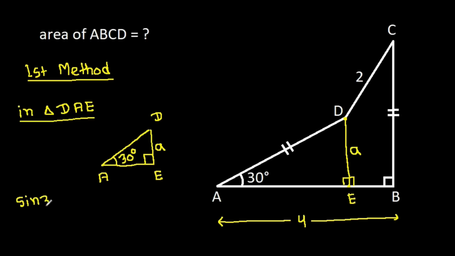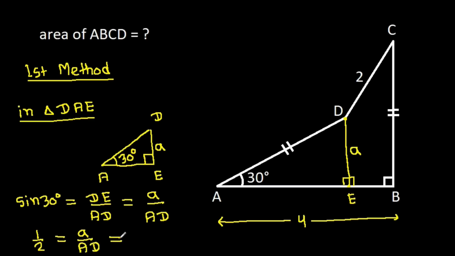And sine 30 degrees will be equal to DE by AD, and DE is a by AD, and sine 30 degrees is 1 by 2, that is a by AD.